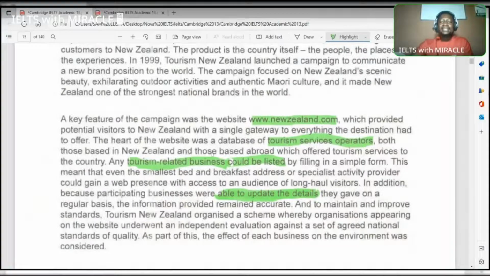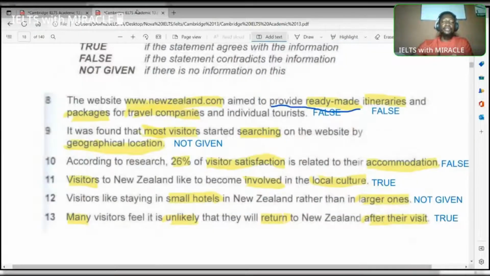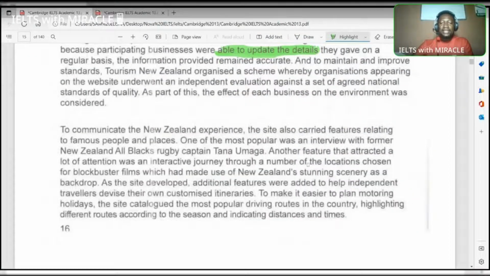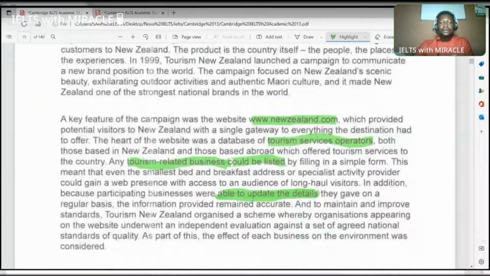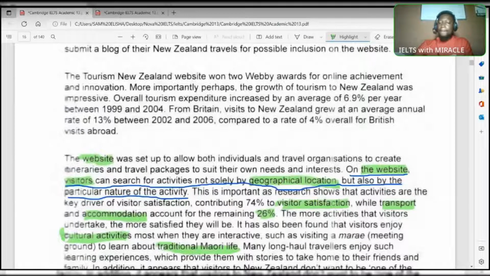Now, when I want to take number 9, the keyword there is geographical locations, and I will not jump from paragraph to paragraph. I'm moving line by line, looking for geographical location through paragraphs 1, 2, 3, 4, 5, 6. Because I am using keywords, I had to go all the way down to the 6th paragraph to find geographical locations.